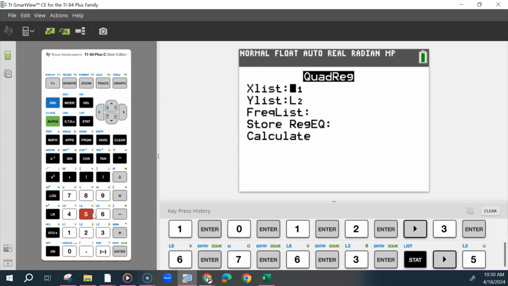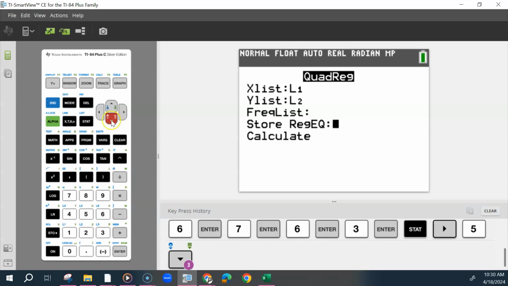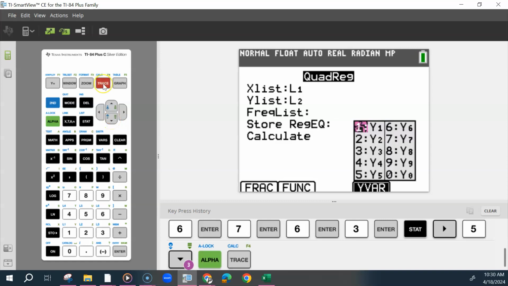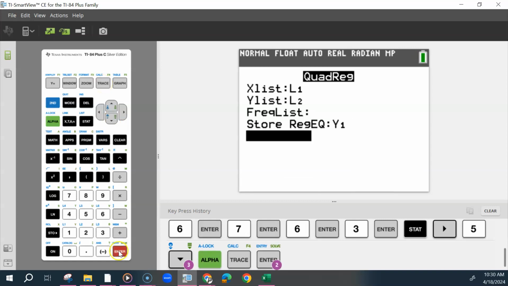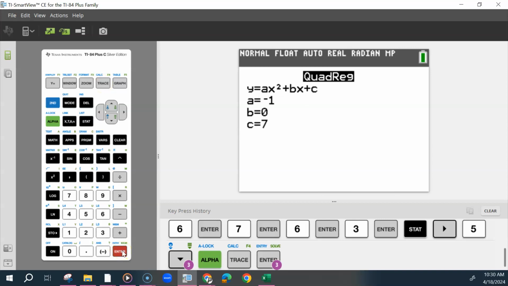And then just like before, since we are looking for different y values for predictions, we're going to store it. So go down to store regression equation, hit alpha trace, and then enter 3 times. So this would be our quadratic equation for a best fit.